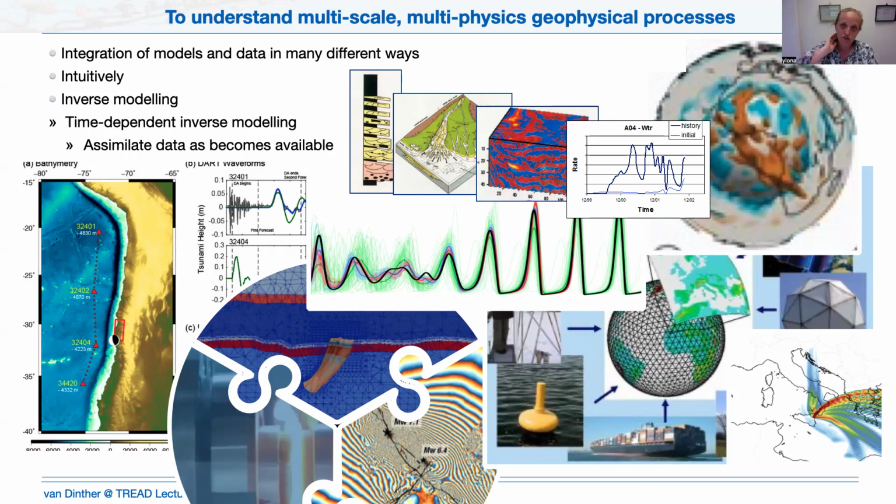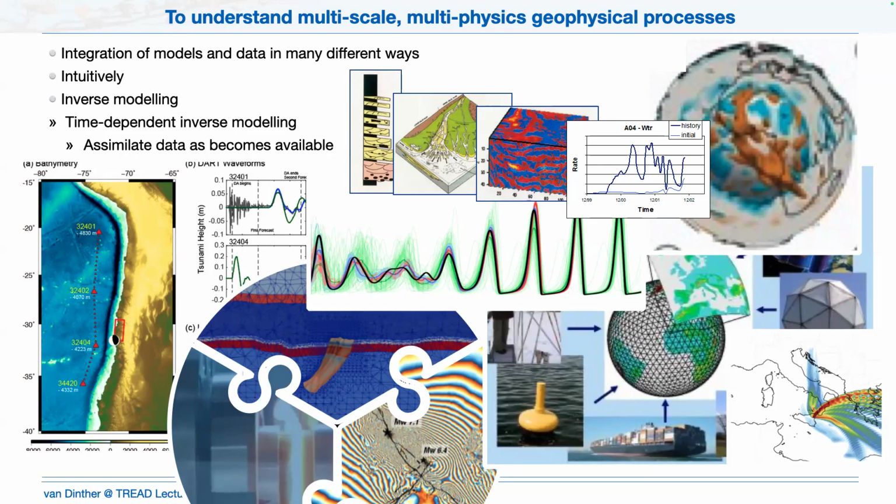And if you look at fields like weather forecasting, where much more data is coming in, and what you're estimating is changing as well, you want to be able to integrate that data seamlessly as it becomes available without recalculating everything. Add that data into the system all the time, and also propagate the information and the errors that are in those data, both in the physics-based models and in the observations.